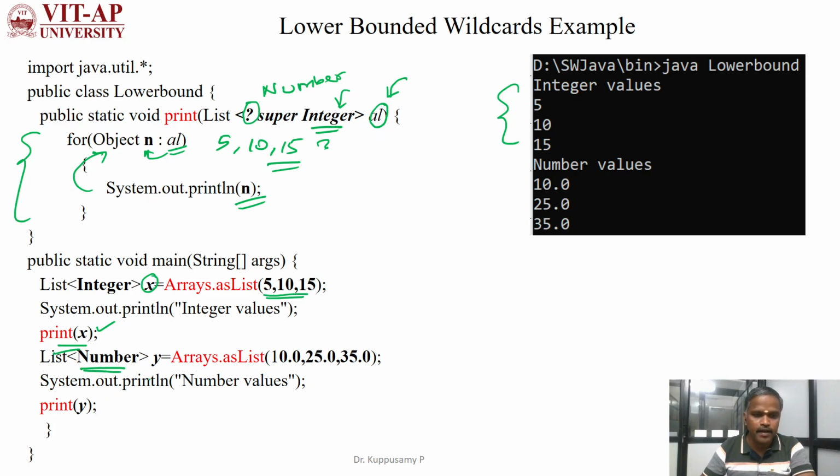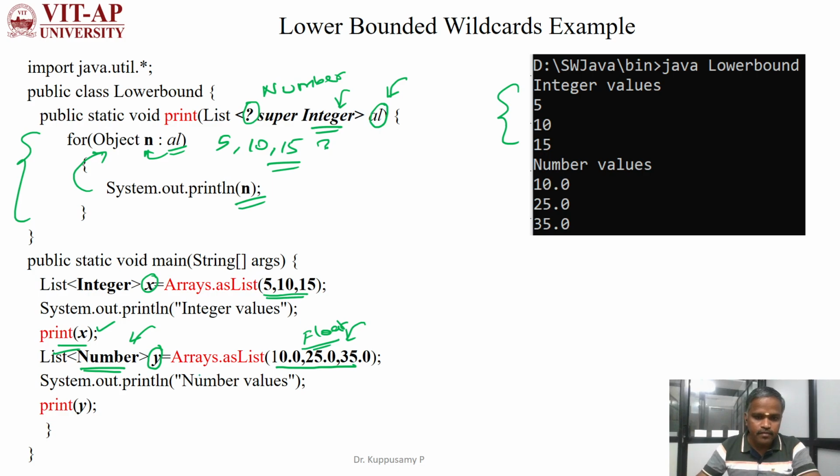The second time, you see I am using the parent class Number. This object belongs to the Number class. Whatever data we pass here, it will use the features of this Number class. Here I am passing floating point values.